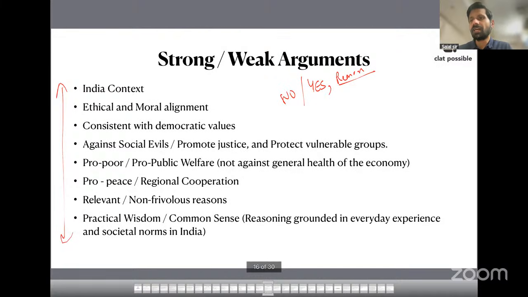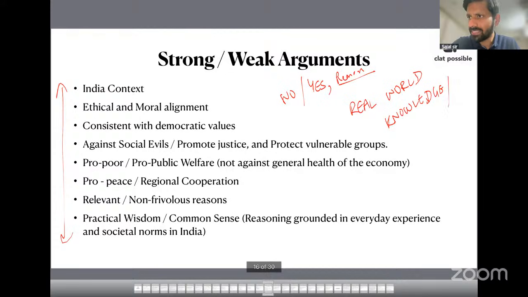We test these arguments. We sort of ground them, root them in our real world understanding, right? So we are using a lot of real world knowledge and real world reasoning to answer these questions, right? तो ये strengthen और weaken की तरह भी नहीं है.